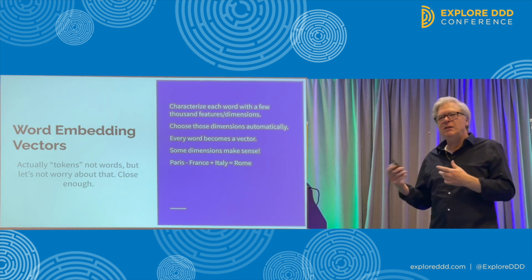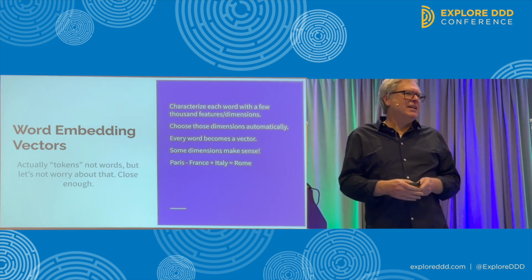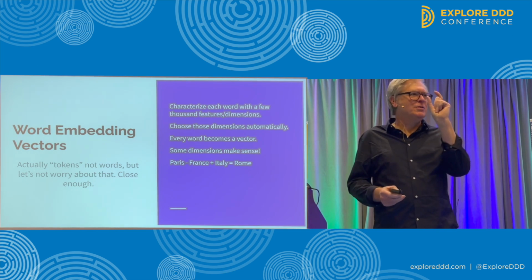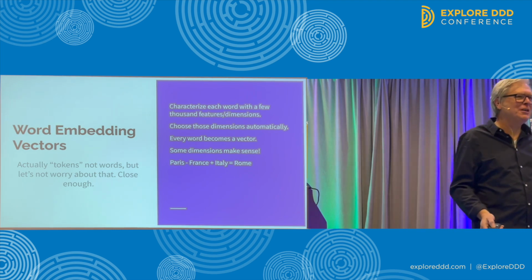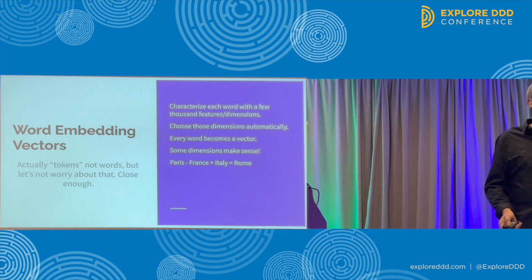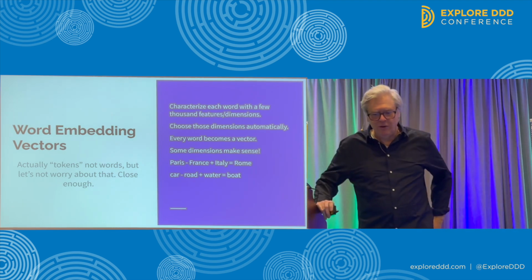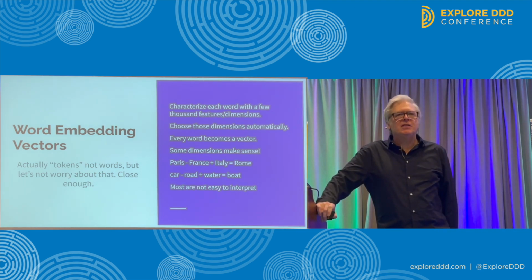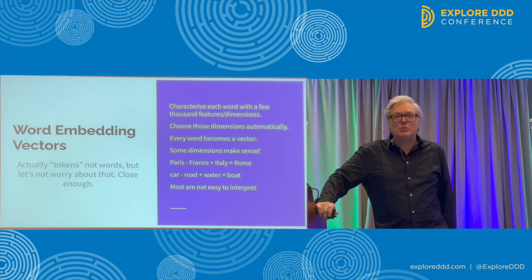Then take the vector for Italy and add that on. You find that it comes relatively close to the vector for Rome. This sort of stuff actually works sometimes, and it made people think for a while that maybe we can make sense of these word embeddings. You can do that sometimes, but most of them don't come out like that. It's the extremely rare exception. It's a very fun exception, but really rare.